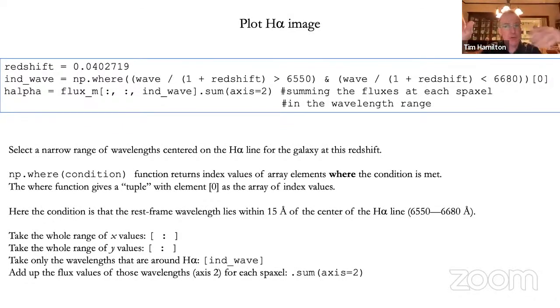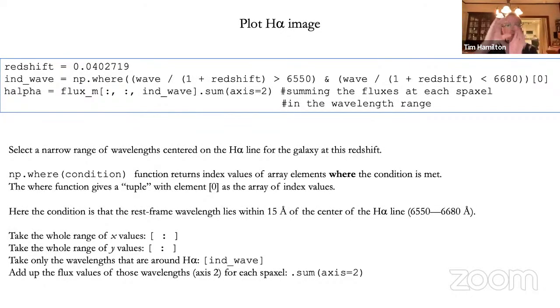But which wavelengths do we use? That third axis, that third index, we're only using those indices that passed the test, that are within that range there. So we take the index of the wave, the proper wavelengths, and we put that in for the third axis. The next thing we're going to do is even cleverer. Out of all of those, we're going to add up all of the flux values for a given spaxel, remember a spatial pixel, all the flux values along the last axis, axis number 2, 0, 1, 2, which is the wavelength axis.